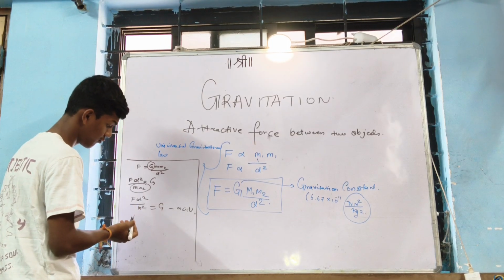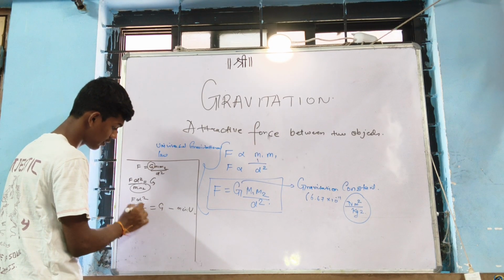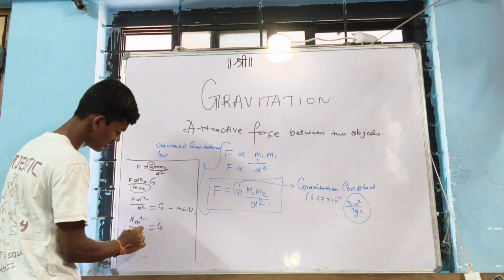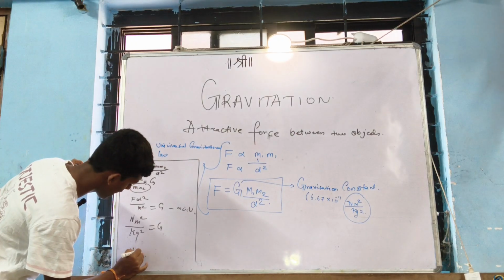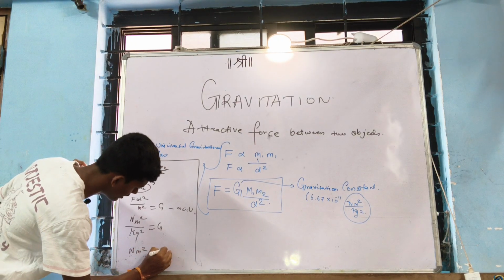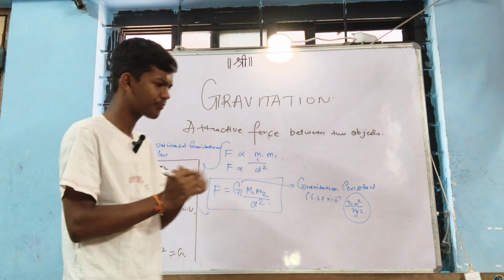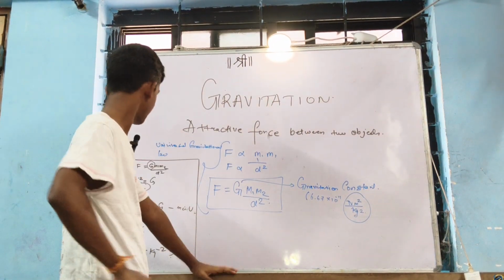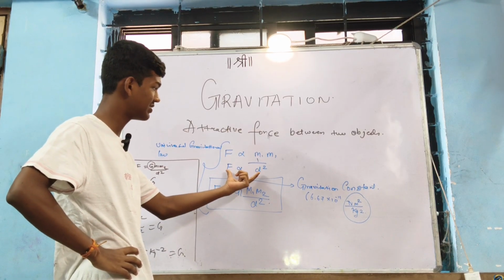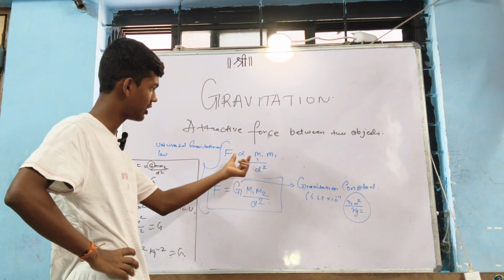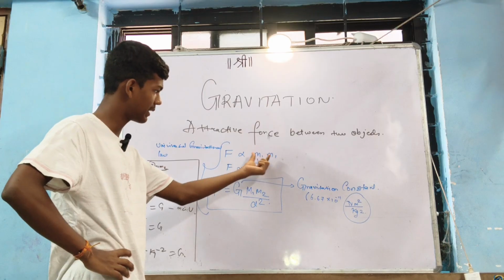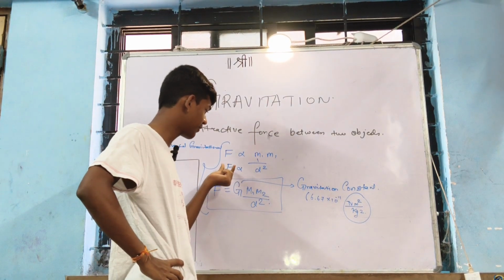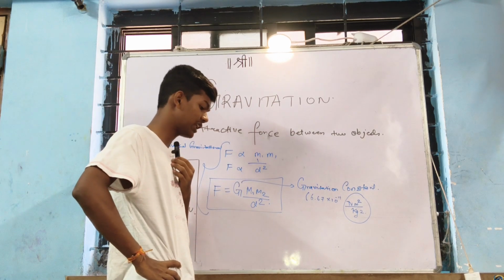So the SI unit of force is Newton, distance is meter square, mass is kg square, and so N m square kg minus 2 is equal to G. So we know that the attractive force is directly proportional to the masses and inversely proportional to the square of the distance between them.